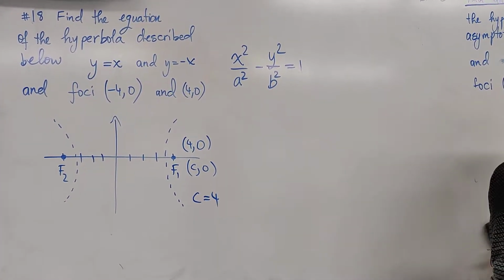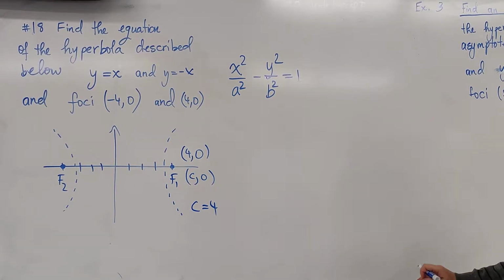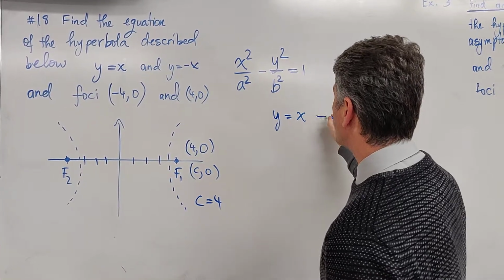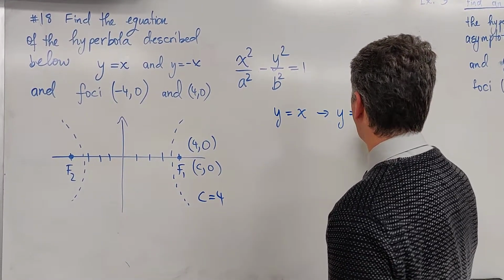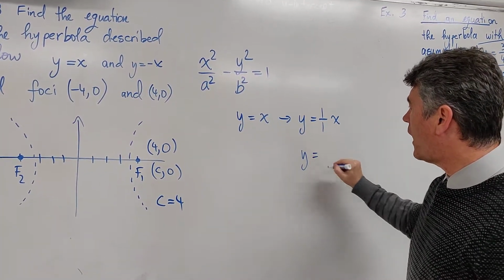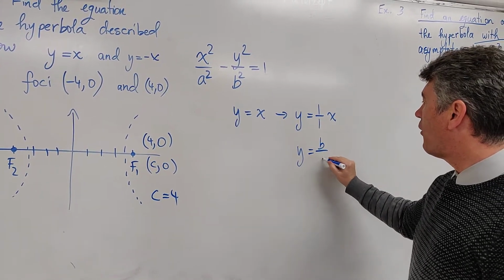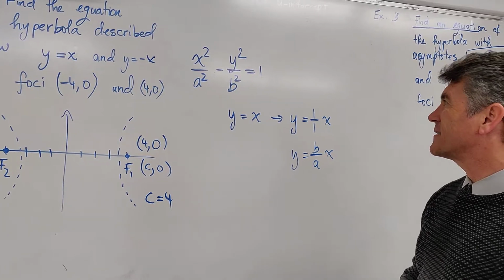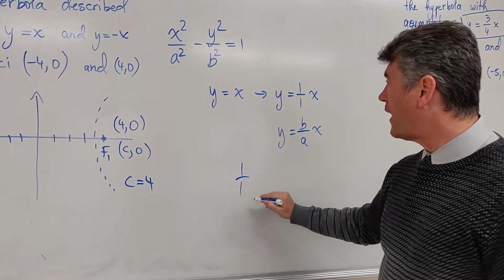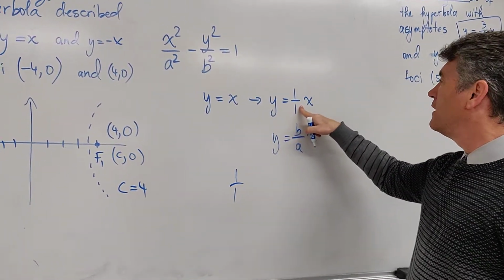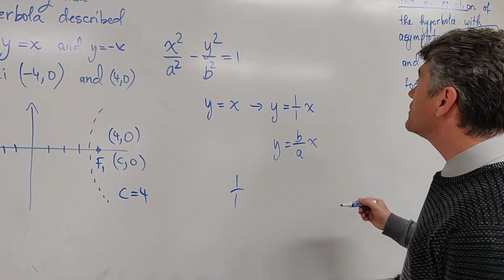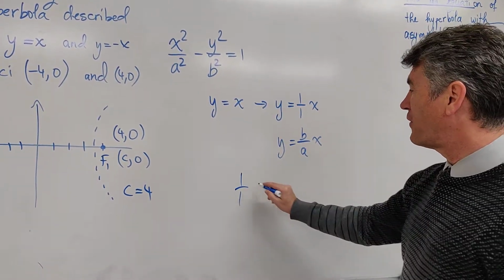So, we're now at the part where we're attempting to find a and b. The clue that is provided to us is that y is equal to x, or y is equal to 1 over 1 x. From the formula, we have y is equal to b over a x. So, our first assumption is that the slope of the asymptote, 1 over 1, must be equal to b over a.